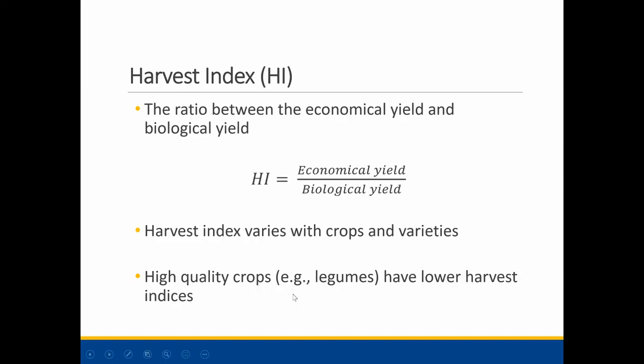There's a reason for that, which I will explain in a different step. Their grain weight is low because they produce a lot of high quality components including protein and oils. That's why they have lower harvest index compared to cereals, or crops that produce yield with high carbohydrate content.